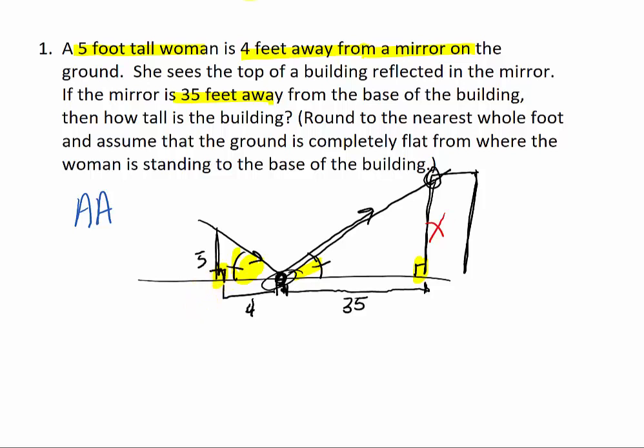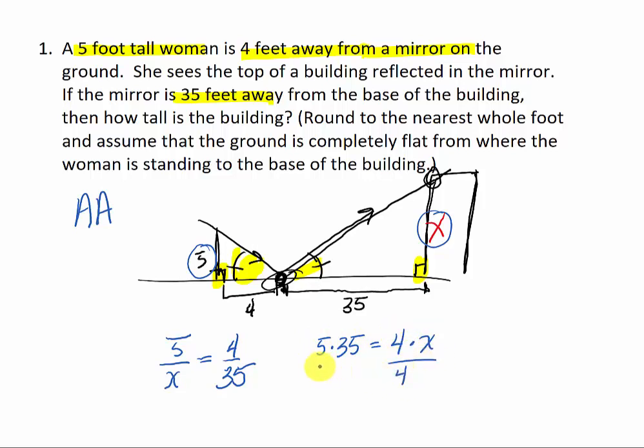So to set up my proportion here, I'm going to say that 5 is to x, our vertical measurements, 5 is to x as 4 is to 35. Okay, now we're going to solve this proportion. So I'm going to do 5 times 35 is equal to 4 times x. I'm going to divide by 4, and I'm just going to put this in my calculator and see what I get.